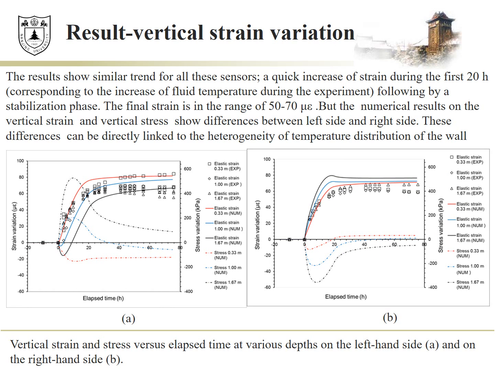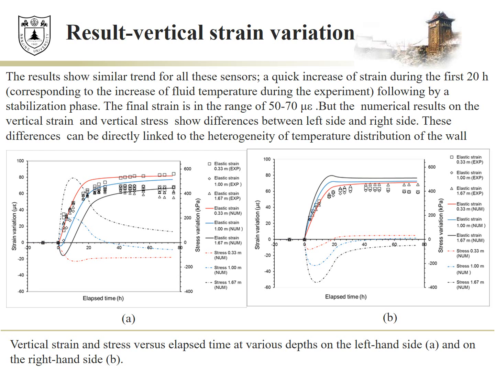This figure shows vertical strain and stress versus elapsed time at the various steps on the left-hand side and on the right-hand side. The results show similar trend for all these sensors. A quick increase of strain during the first 20 hours, followed by a stabilization phase.